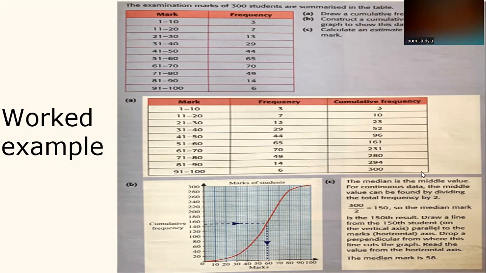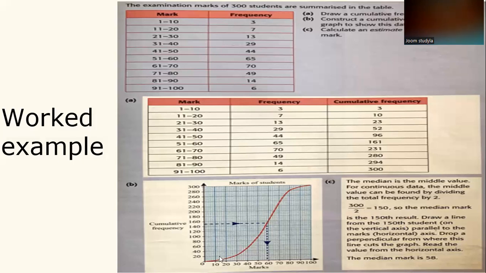As you know, the total frequency is 300, so you divide by 2 and you get the value of 150. So the median mark is the 150th result, so the cumulative frequency is 150.